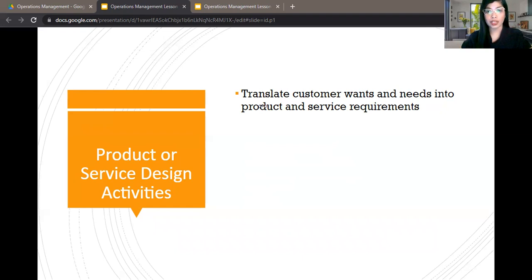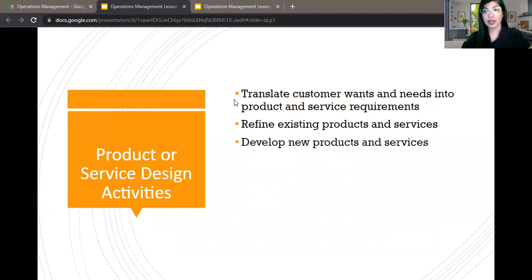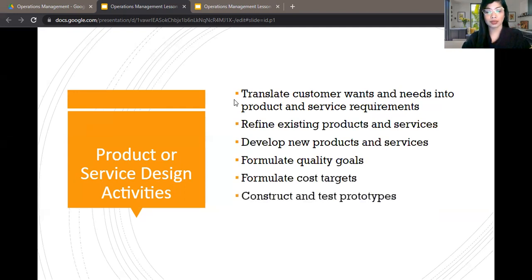So it is very important to translate customer wants and needs into product and service requirements, and then to refine existing products and services, to develop new products and services, to formulate quality goals, to formulate cost targets, construct and test prototypes of the products, document specifications.